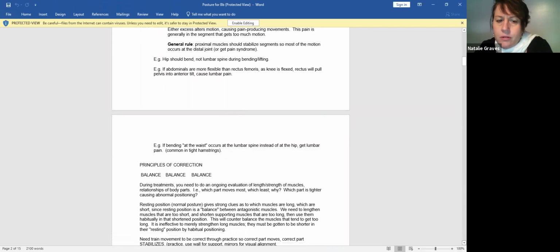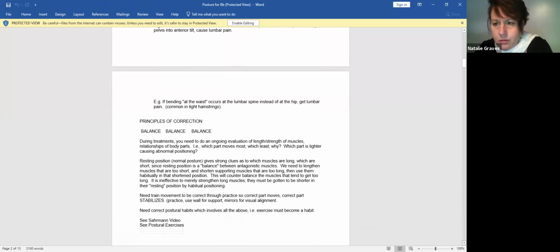So the principles of correction, again, we want muscle balance. We want to pay attention to the different postural types, and we're going to look at a lot of different examples and try to figure out what is causing the postural deficit and do some corrective exercises to help it.